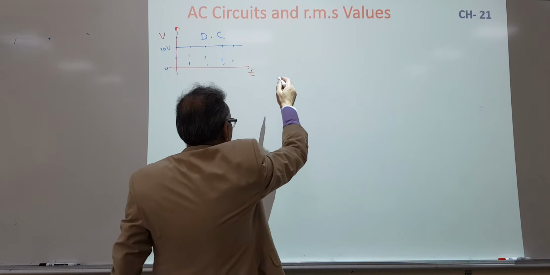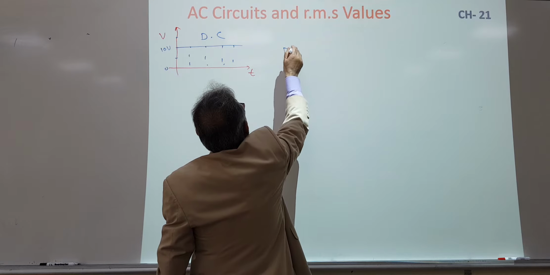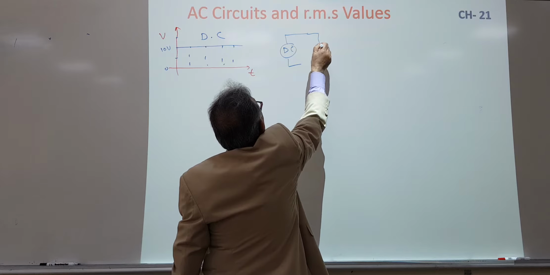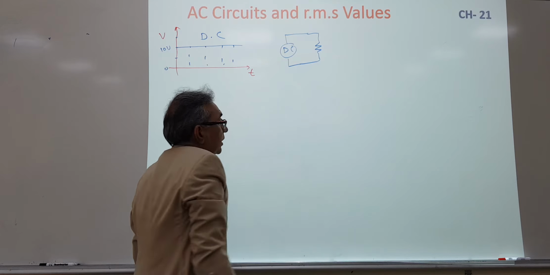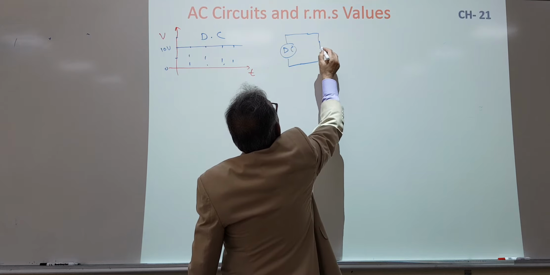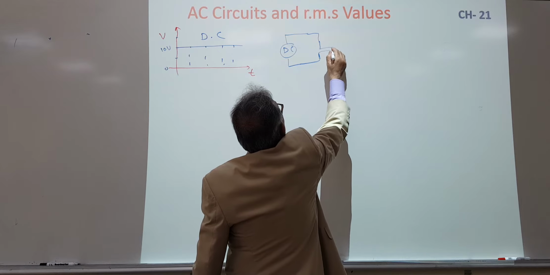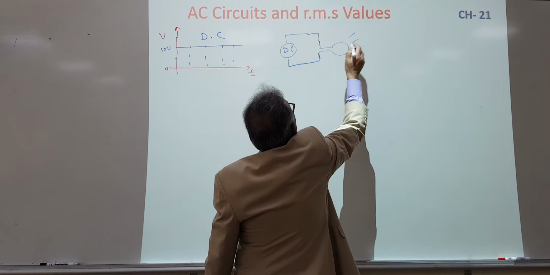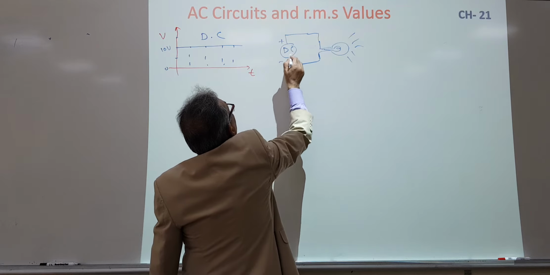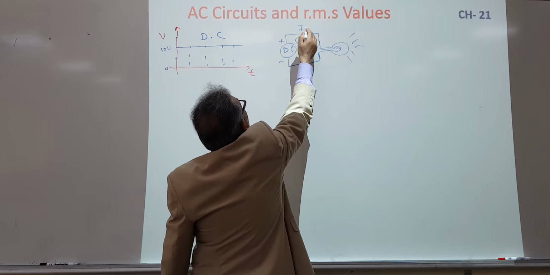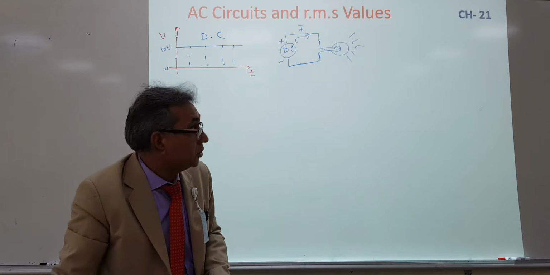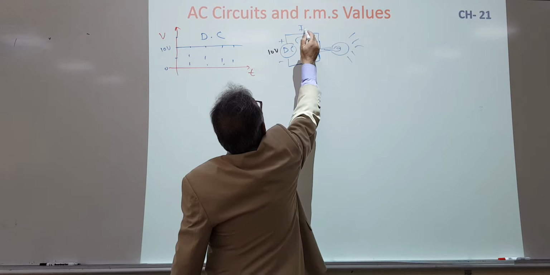And if you connect a DC source with some load, a bulb or anything, which I call the resistor, and current flows through it, let's say 2 ampere current is flowing through it, and this is 10 volt, for example.